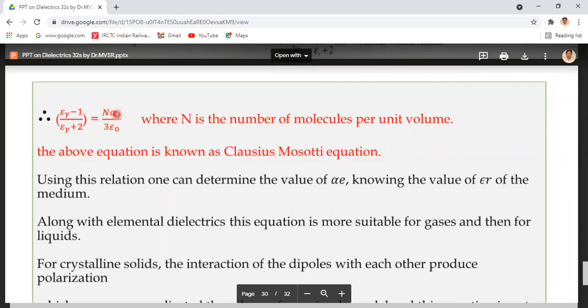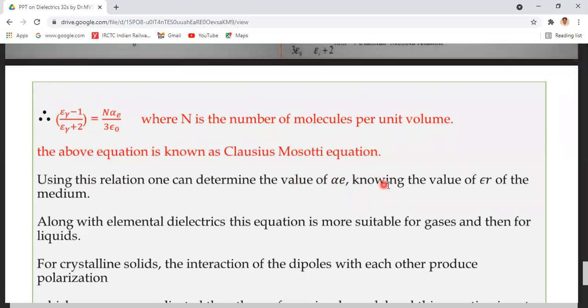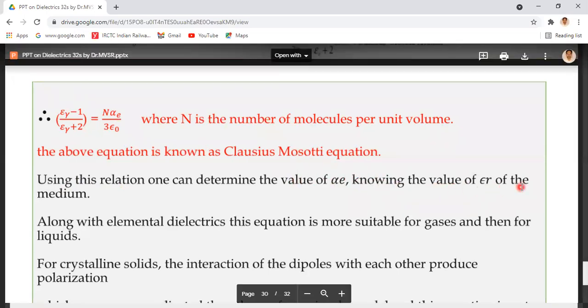If we know the dielectric constant epsilon r, then we can calculate electronic polarizability alpha E, because n alpha E by 3 epsilon naught is equal to epsilon r minus 1 divided by epsilon r plus 2.